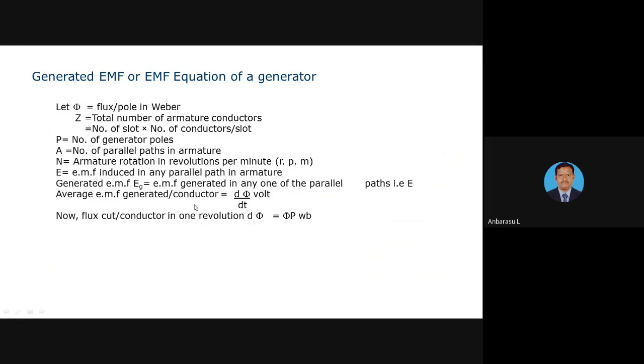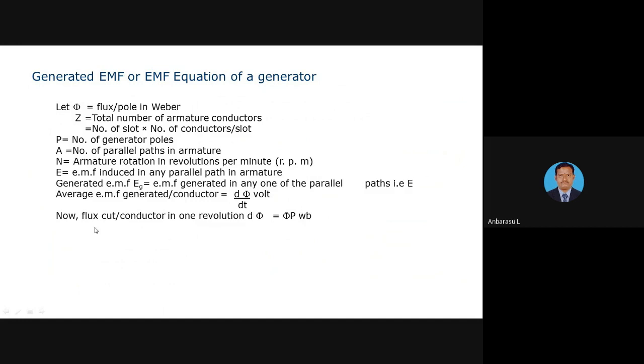So the average induced EMF per conductor equals d phi by dt. We consider one conductor in a simple loop generator and apply Faraday's law of electromagnetic induction. Here d phi is the change in flux and dt is the change in time.